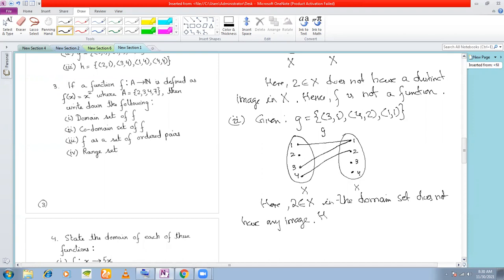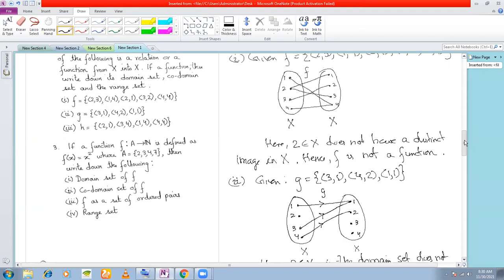Hence G is not a function. And you'll give arrows also. I forgot to give arrows. Hence G is not a function. Okay, that finishes the second one.